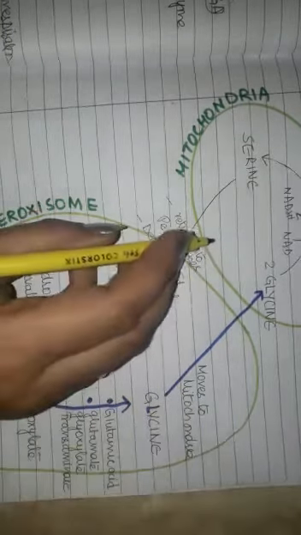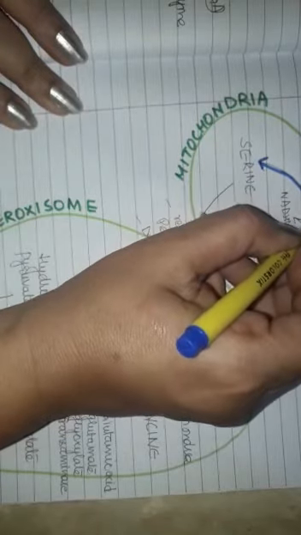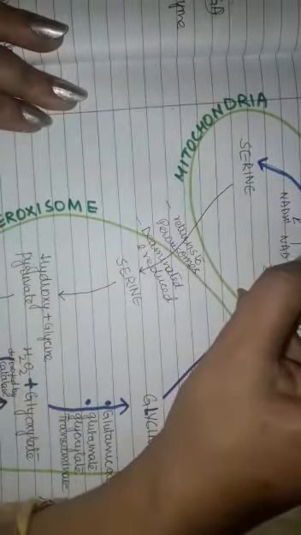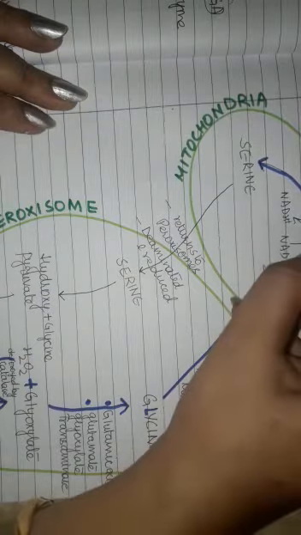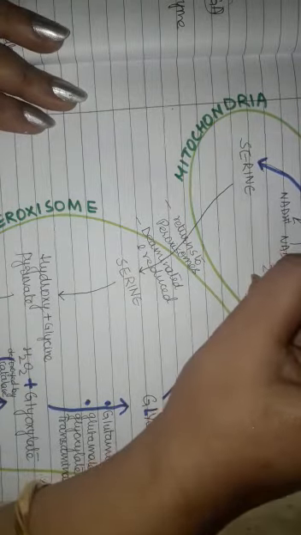It moves to mitochondria, and then this glycine combines with oxygen, and it gets reduced to serine.